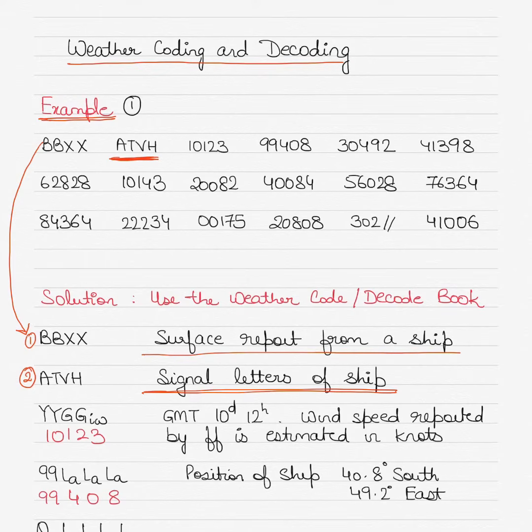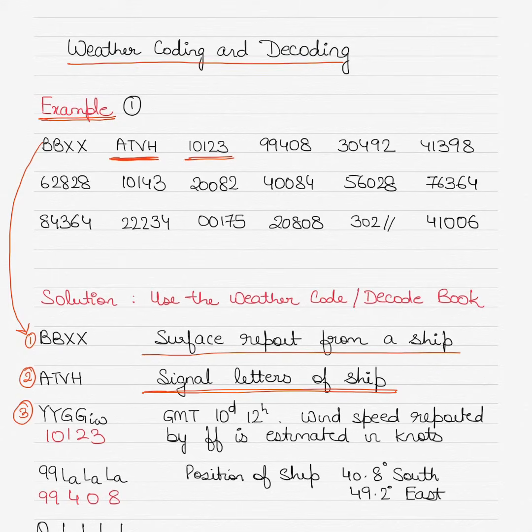Alright, so the third one here basically are the numbers 1, 0, 1, 2, 3, and as you see, I have written the numbers right below the letters above. So I have written 1 below Y, 0 below Y again, then 1 below G, 2 below G, and then 3 below IW.